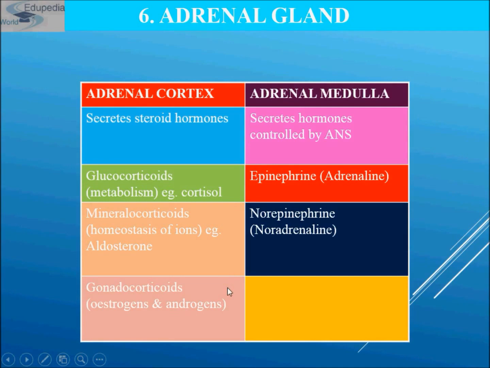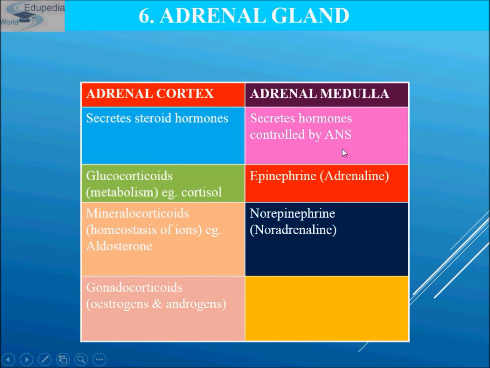So let's see here adrenal cortex hormones and adrenal medulla hormones. Adrenal cortex secretes steroid hormones, whereas adrenal medulla secretes hormones which are controlled by ANS, autonomic nervous system.